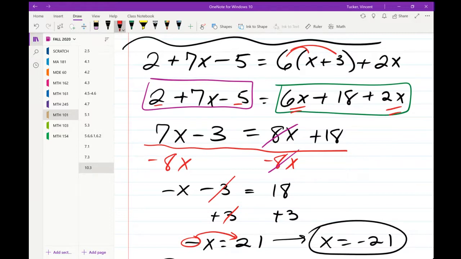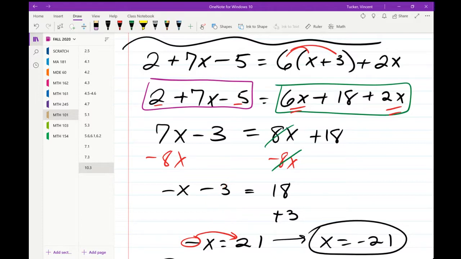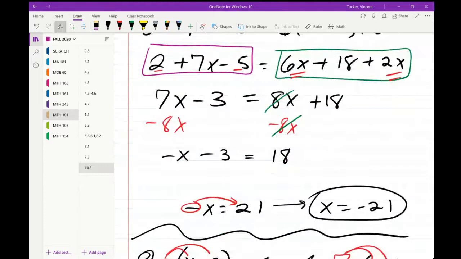If I can erase. Let me erase now. So this is what we had after we combined our like terms. Then I decided to subtract 8x from both sides, and that canceled out my 8x on the right, leaving me with negative x minus 3 equal to 18.